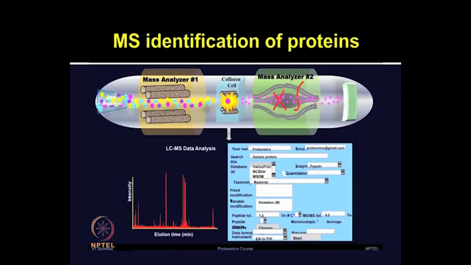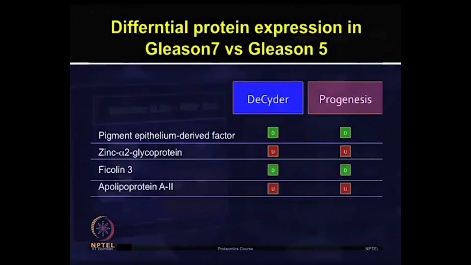After 2D DIGE gel image analysis, the authors excised those spots and subjected them to mass spectrometry identification of proteins. The proteins excised from the gels were analyzed using a Finnigan LTQ mass spectrometer, and data from these MS experiments were analyzed using the BioWorks browser with the Sequest program.